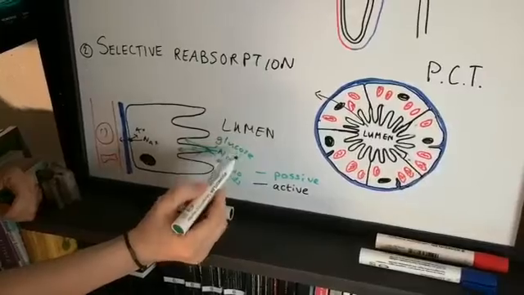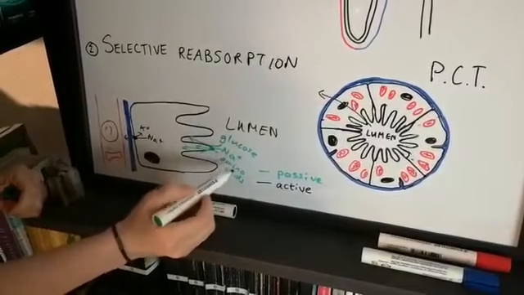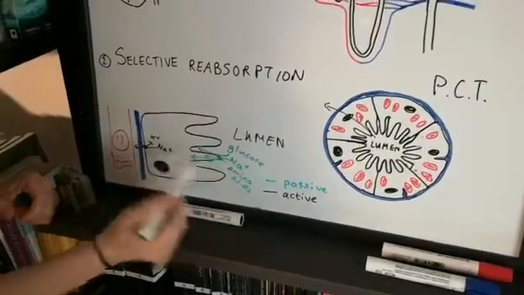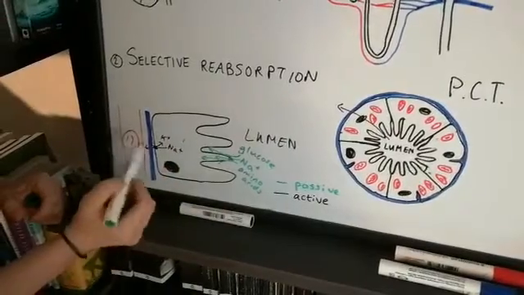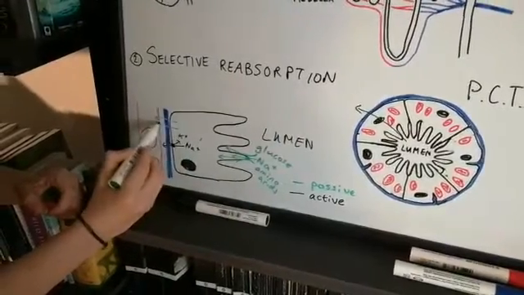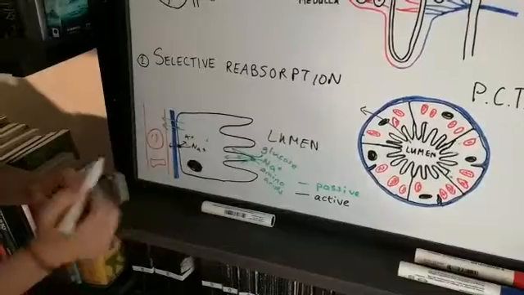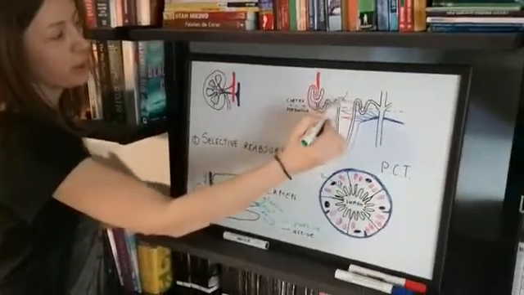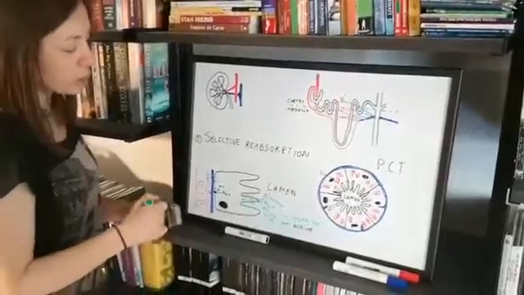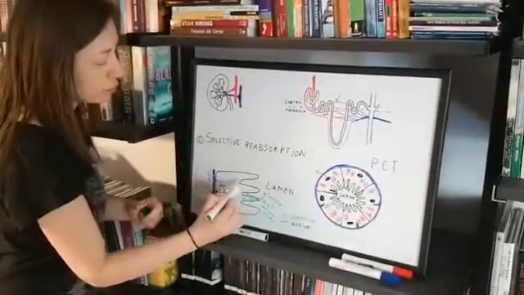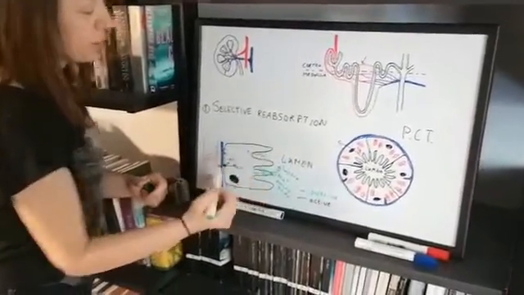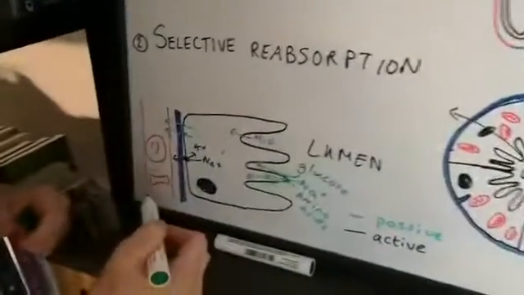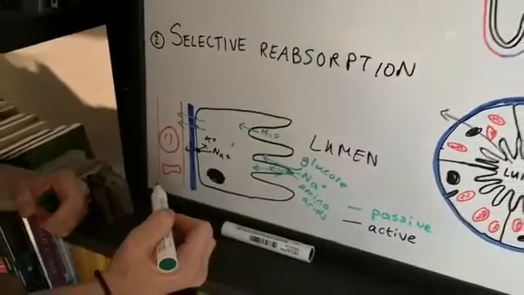So glucose and amino acids kind of hitch a ride with Na+ to get inside here, and then both of those will facilitated diffuse out and into the blood eventually, which, like I said, is the peritubular capillaries. Water will move by simple osmosis, and yeah, I think that's it.